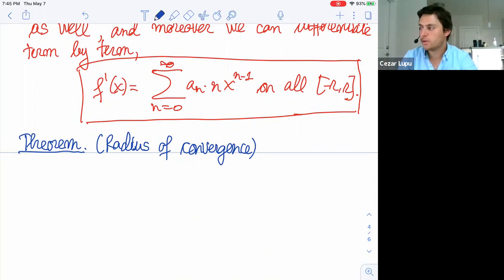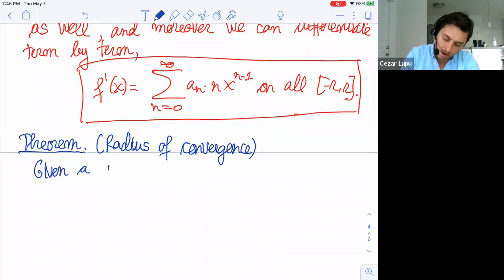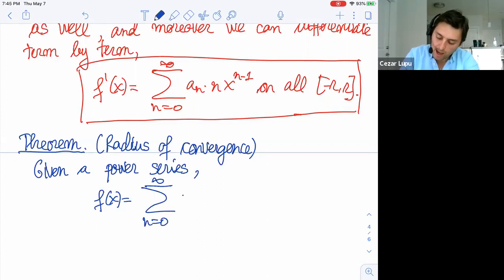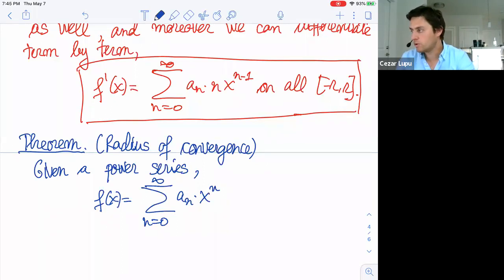So given a power series, and let me just take this to be centered around the origin, let's say f of x equals the sum from n equals 0 to infinity of a_n x to the n. So x_0 here is 0, so it is centered around the origin.